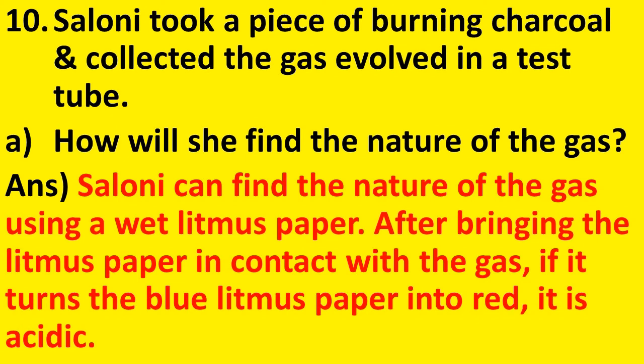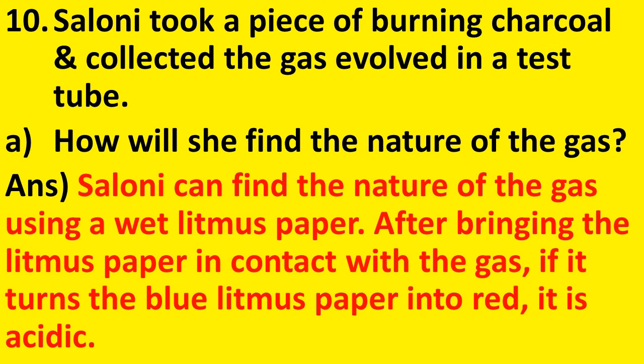After bringing the litmus paper in contact with the gas, if it turns the blue litmus paper into red, it is acidic. So, what we have to do? We have to take the litmus paper and make it wet and bring it in contact with the gas.